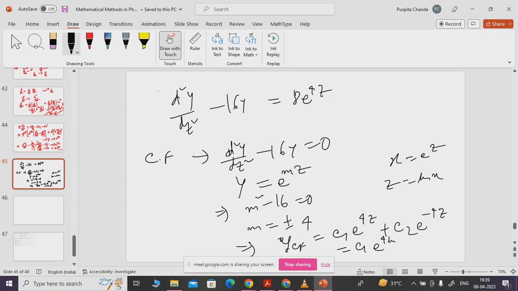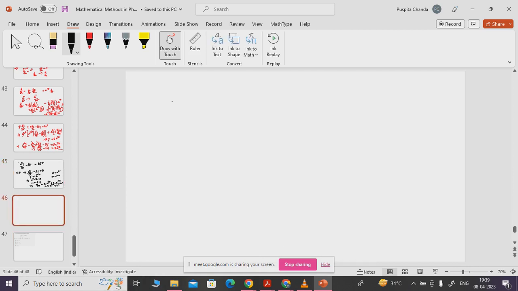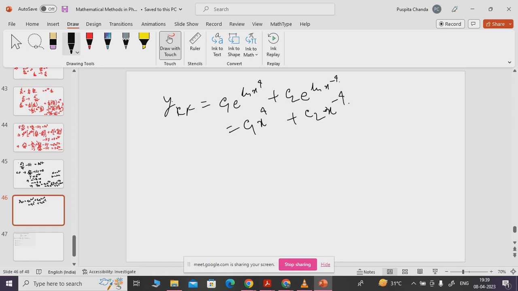So it is c1 e to the power 4 ln x plus c2 e to the power minus 4 ln x. So y complementary function, c1 e to the power ln x to the power 4, we can write it like this, plus c2 e to the power ln x to the power minus 4. So it will be c1 x to the power 4 plus c2 x to the power minus 4.